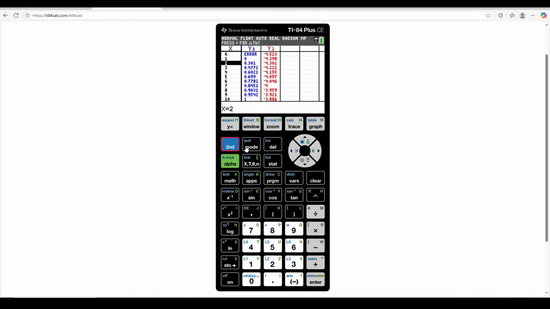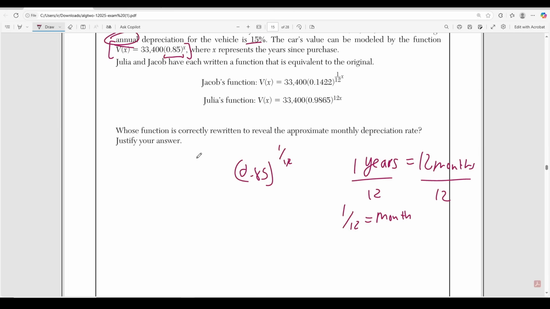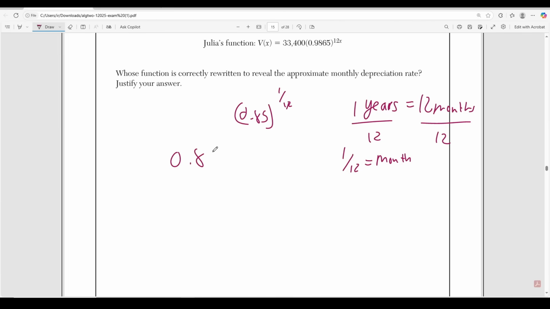Okay, so in my calculator, I can go ahead and do 0.85 to the power of 1 over 12, and I'm going to get this number, 0.98654, right? And if we look at that, we'll just write it down, 0.85 raised to the power of 1 over 12. So this one, again, just for those of you that are still confused, this 1 over 12 is how many months are in 1 year.